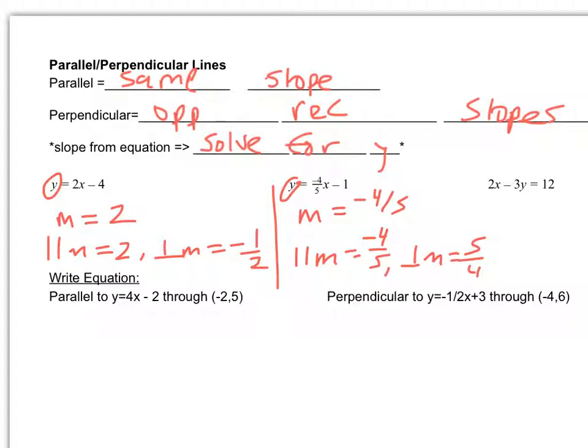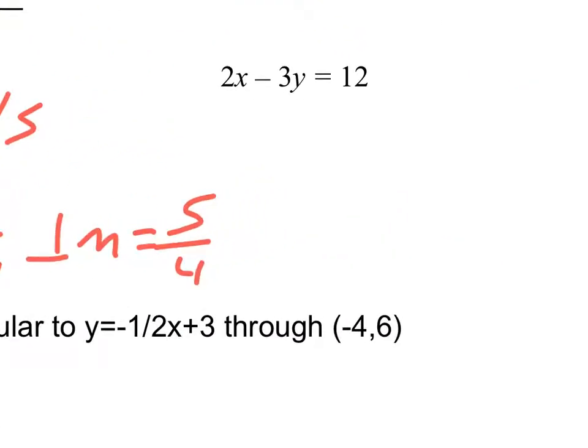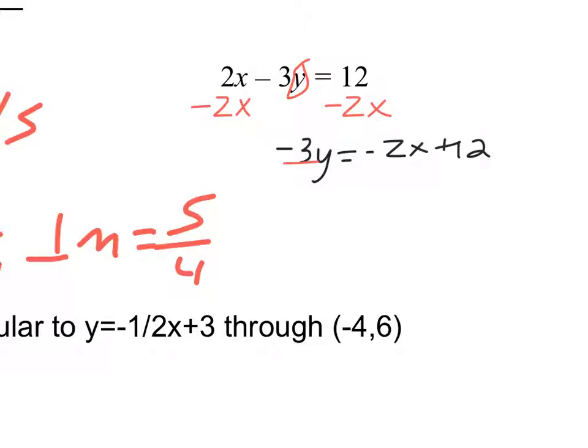But if I look at the third one, it hasn't been solved for y, so I need to get y by itself. The first thing I'm going to do is move my x term. So that gives me negative 3y equals negative 2x plus 12. Now I'm going to divide everything by what's in front of y, which is negative 3.